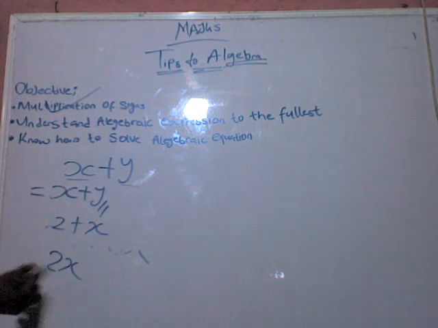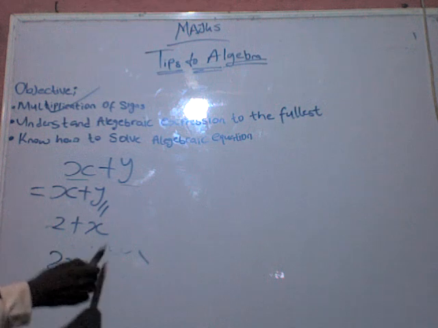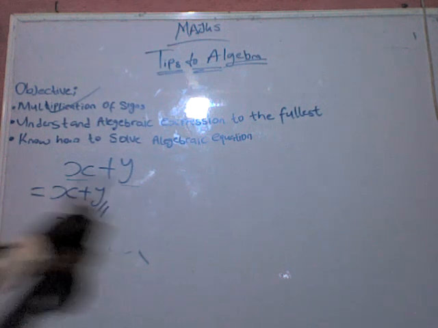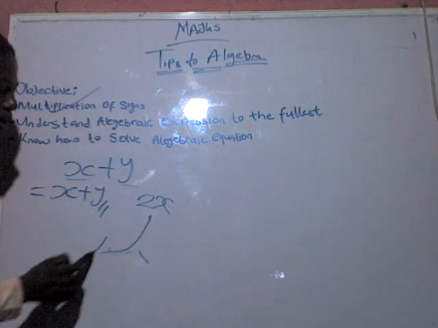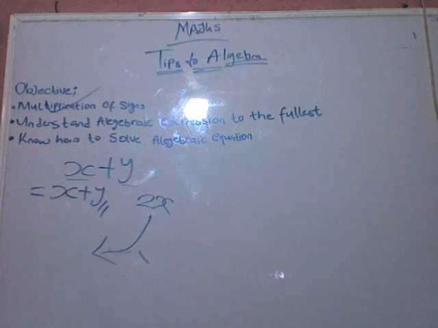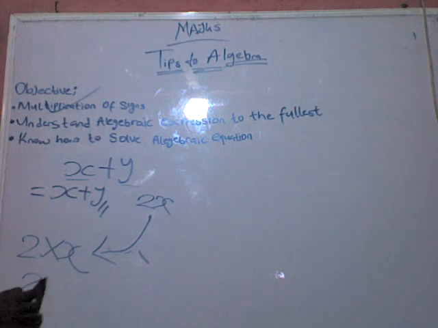Now, what joins this 2 and this x together is what we call the multiplication sign. For us to have 2x, what we have done from the beginning is 2 times x, to give us 2x. So this is another thing that you have to know in algebra.